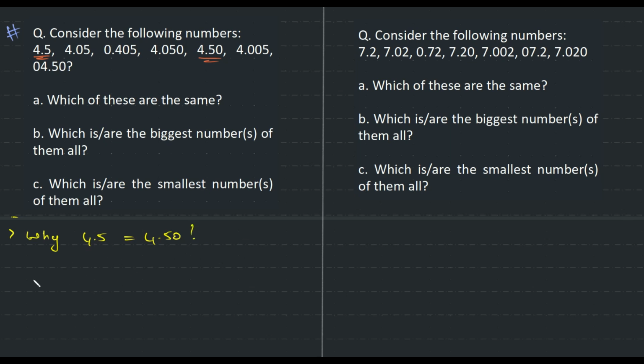See, 4.5 is nothing but 4 into 1 plus 5 by 10. While 4.50 is nothing but 4 into 1 plus 5 by 10 plus 0 by 100. So I can put any number of zeros, 0 by 100, 1000, whatever. Will it change the value?